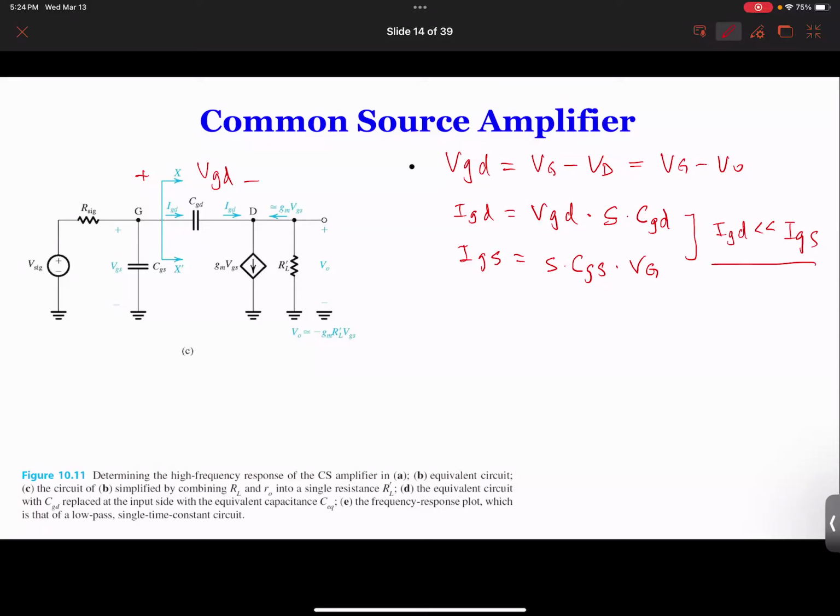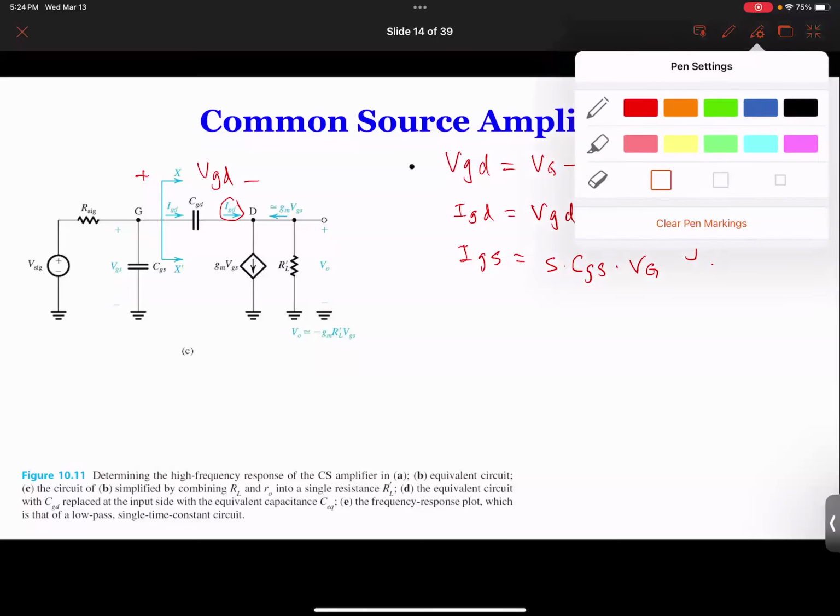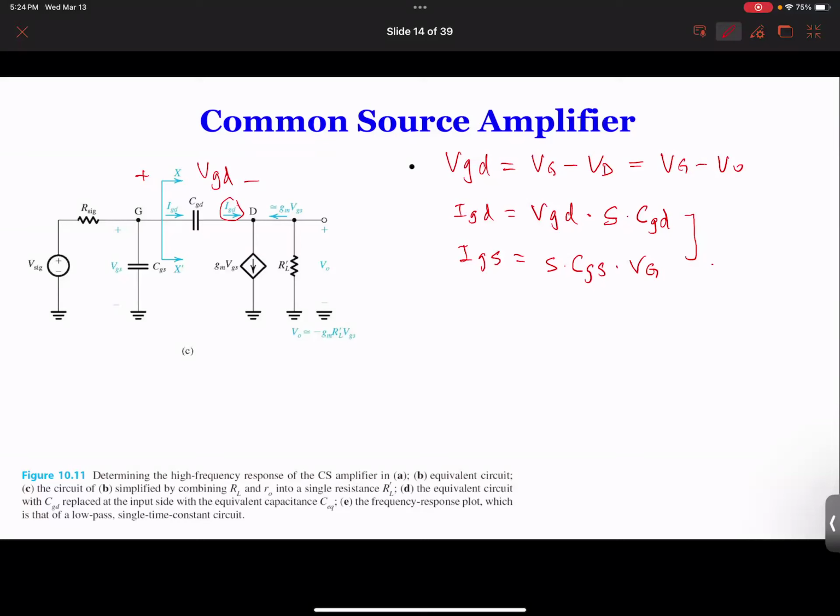For that reason, we can assume that IGD is much less than GM times VGS.